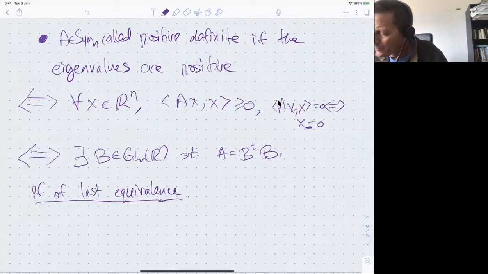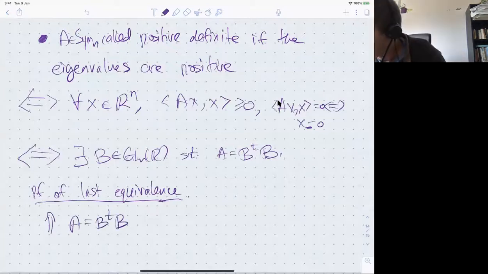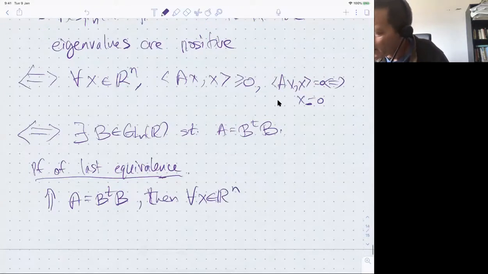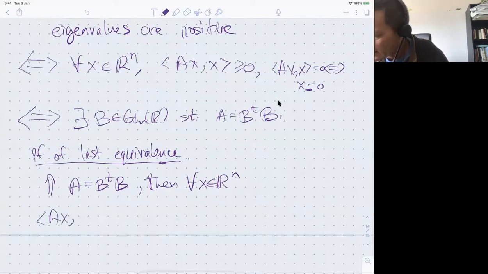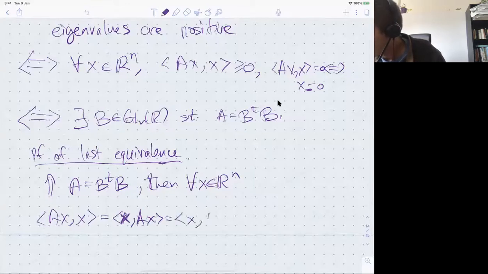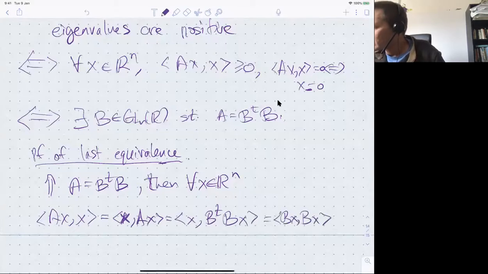So if A is B transpose B for some invertible matrix B, then for any X in Rn, XAX is X B transpose B X, which is BX with BX, which is positive for all X non-zero.